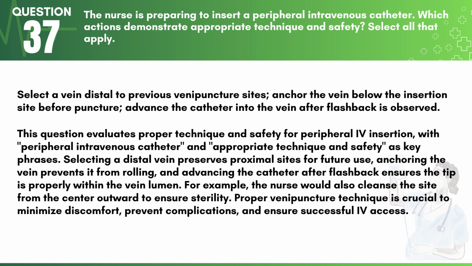Selecting a distal vein preserves proximal sites for future use, anchoring the vein prevents it from rolling, and advancing the catheter after flashback ensures the tip is properly within the vein lumen. For example, the nurse would also cleanse the site from the center outward to ensure sterility. Proper venipuncture technique is crucial to minimize discomfort, prevent complications, and ensure successful IV access.